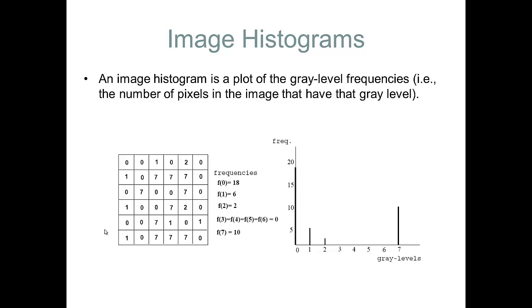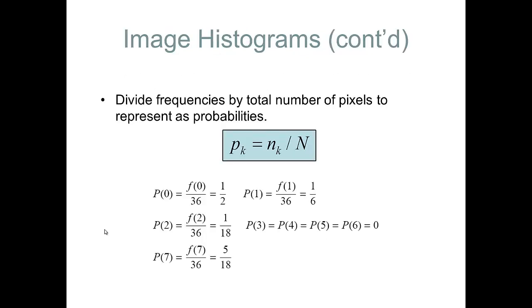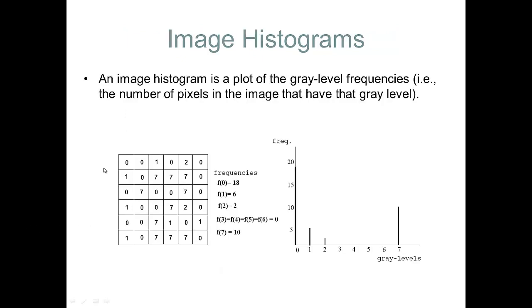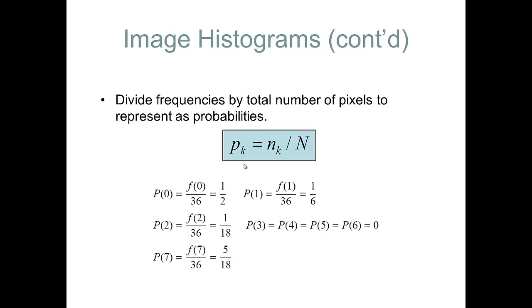From the histogram we can get the probabilities, because we have 36 pixels in total, since the image is 6 by 6. If we divide the frequency by 36, then we can get the probability of each pixel value happening. P0 equals F0 divided by 36, then we get 0.5.